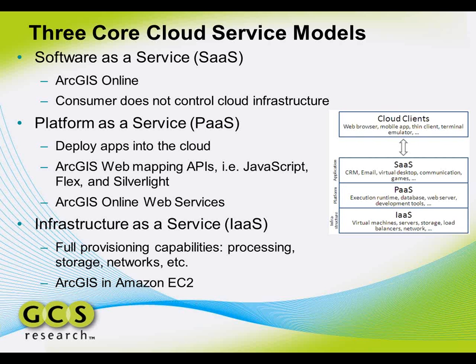So those AMIs from Amazon, you're spinning up, it's just like you're remote connecting into your server and working on your server. Of course, ArcGIS Online, which is software as a service, is a web application that you log on to and you have new tools provided by ESRI to help facilitate publishing and creating applications.